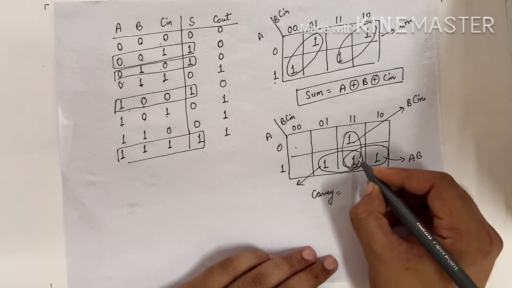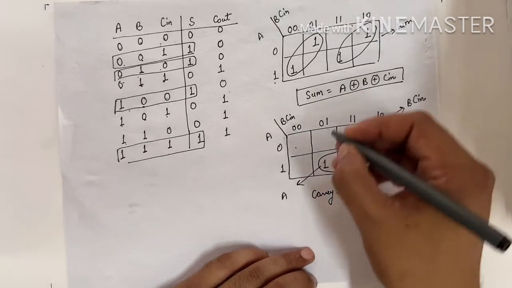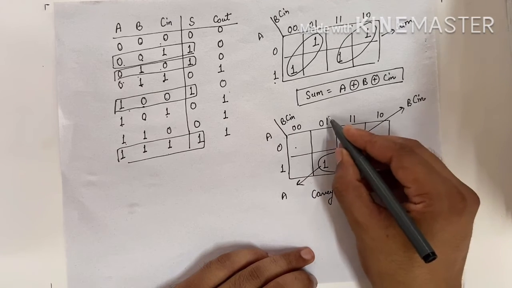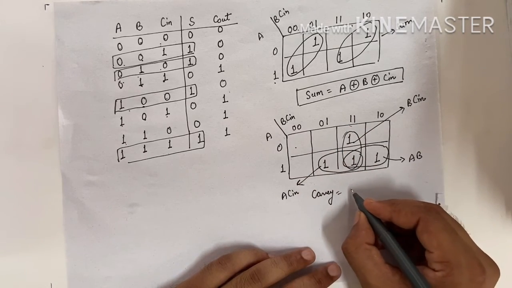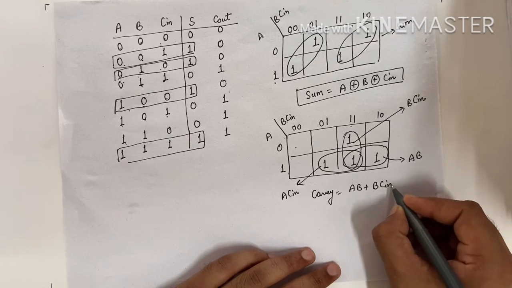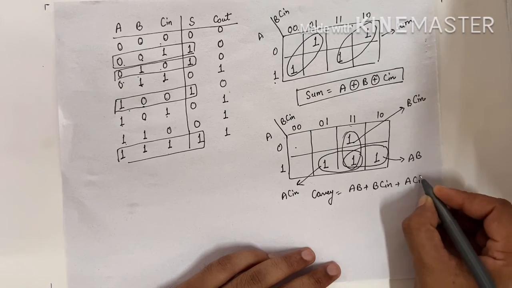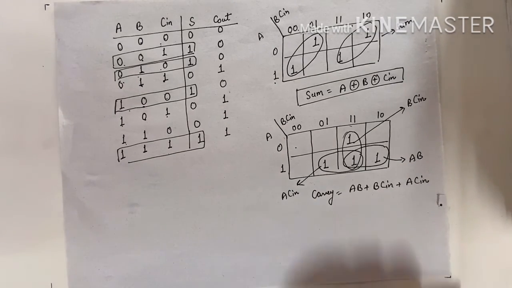For this grouping, on the left we can see A is here, on the top we can see 0 1 and 1 1, so 1 is common, we write C input. So the carry expression is AB plus B C input plus A C input. In this way we can write the carry condition.